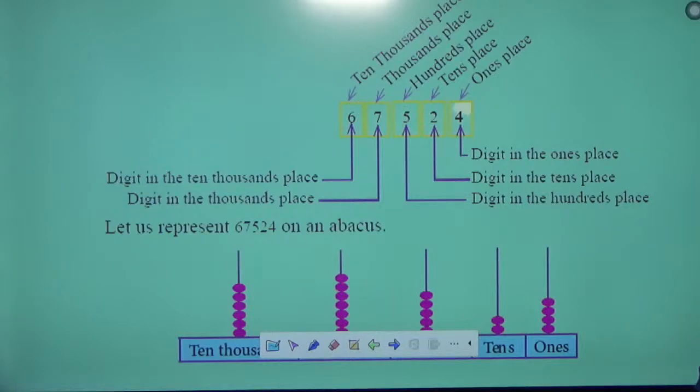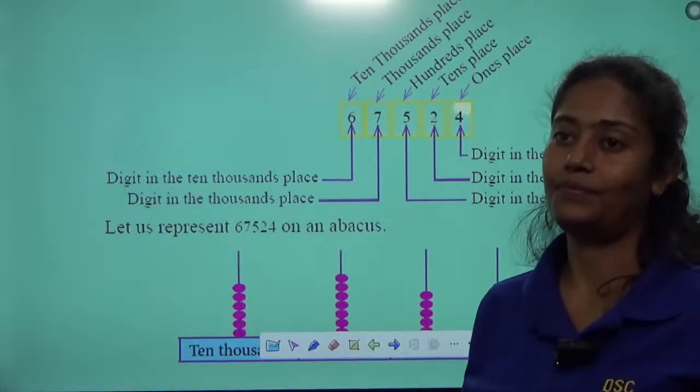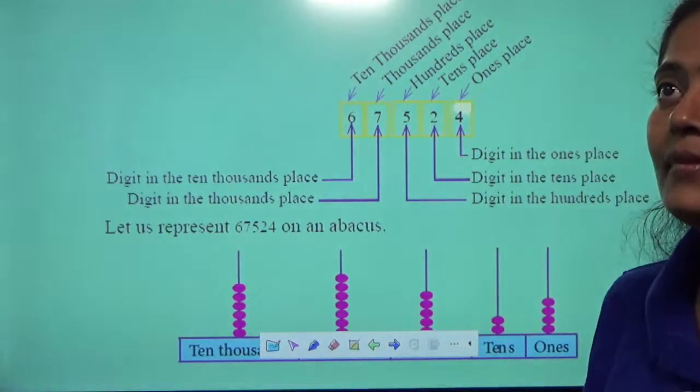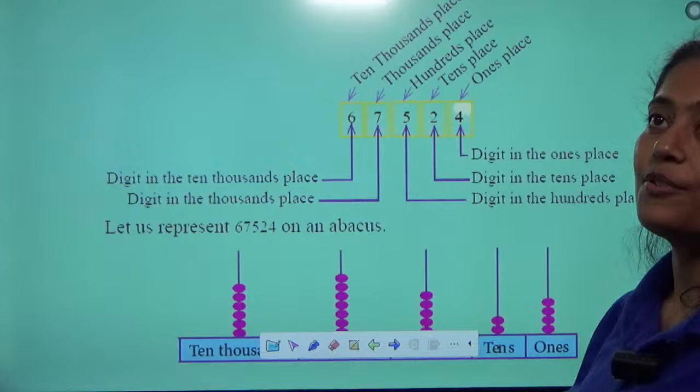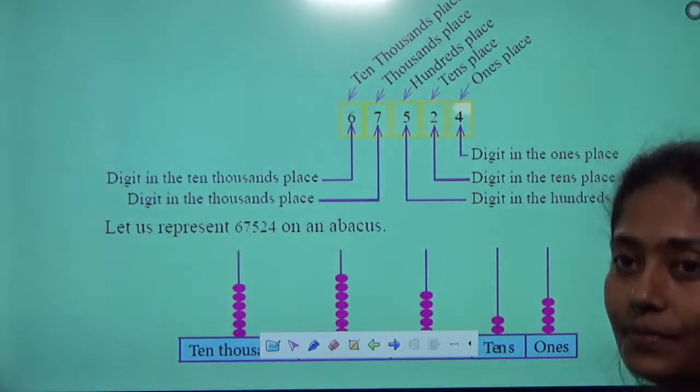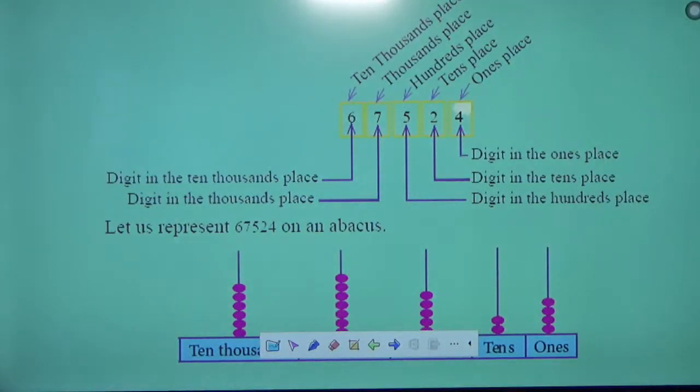Like that you have to identify how to write the words also. So shall we note this down also? Right. Should I draw the abacus? Yes, you have to draw.